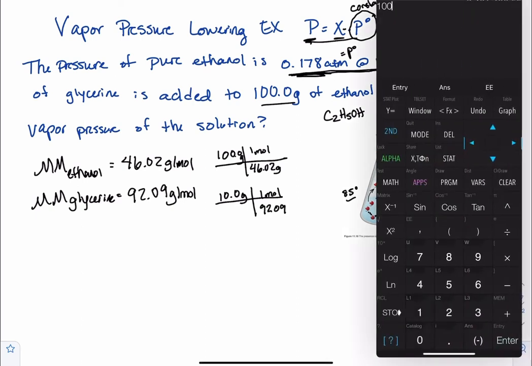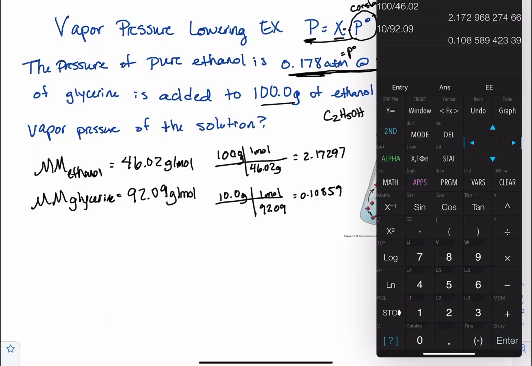So 100 divided by 46.02 gives me 2.1729, I'm keeping extra sig figs here. And 10 divided by 92.09 is 0.10859.